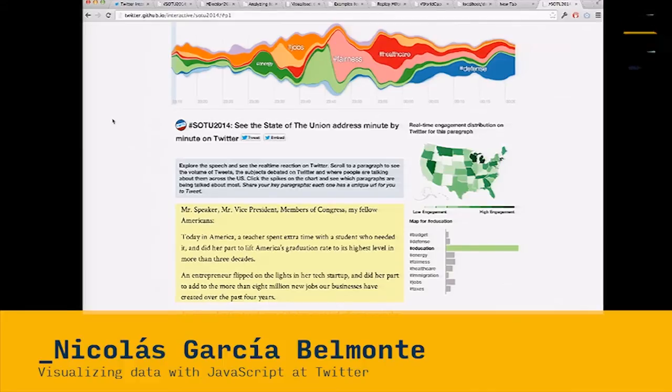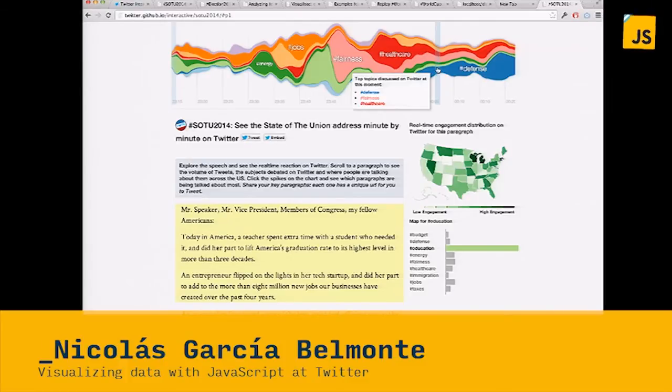So what we did here is at the top you have a summary of the speech, basically. It's a stream graph, and we did topic analysis on tweets that happened during the address of the president. These are tweets that talk about energy, jobs, fairness, healthcare, defense, etc. The other cool thing is that this is not only a summary of what happened during the address, it's also an index.